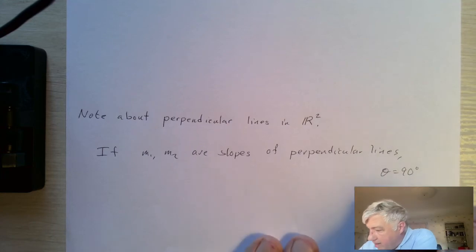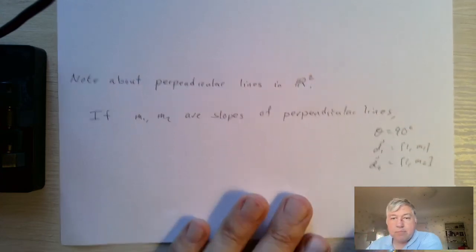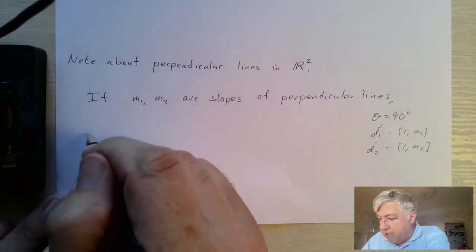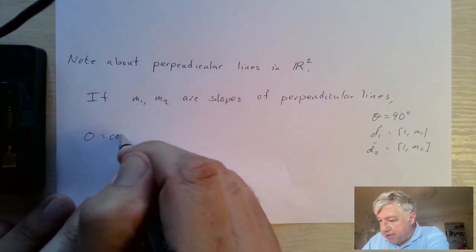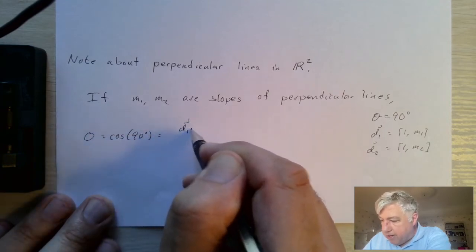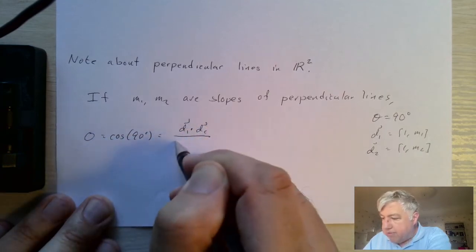Once again, D1 will be (1, M1), and D2 will be (1, M2). So 0 is the cosine of 90 degrees, which is D1 dot D2 divided by the lengths.